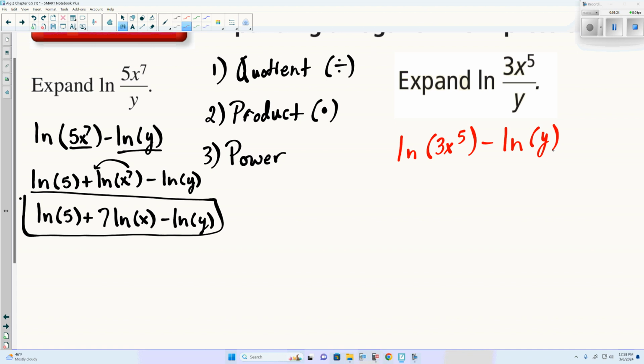That's all of our division. Now the first one, we do have a product, which would be the natural log of 3 plus the natural log of x to the fifth minus natural log of y.